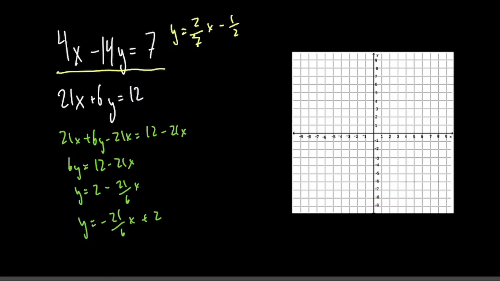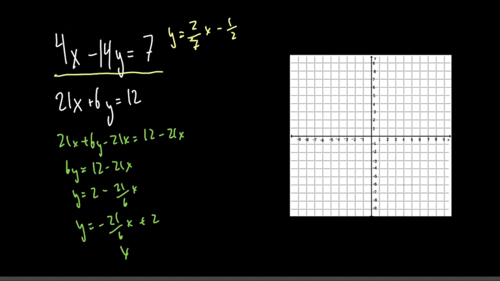And I'm going to simplify negative 21 over 6 into negative 7 over 2, because we can divide the numerator and the denominator by 3. So 21 divided by 3 is 7, and 6 divided by 3 is 2. So we're going to get y equals negative 7 over 2x plus 2, right?